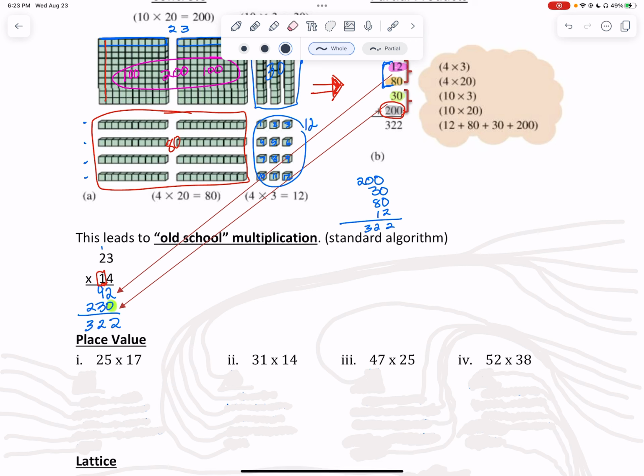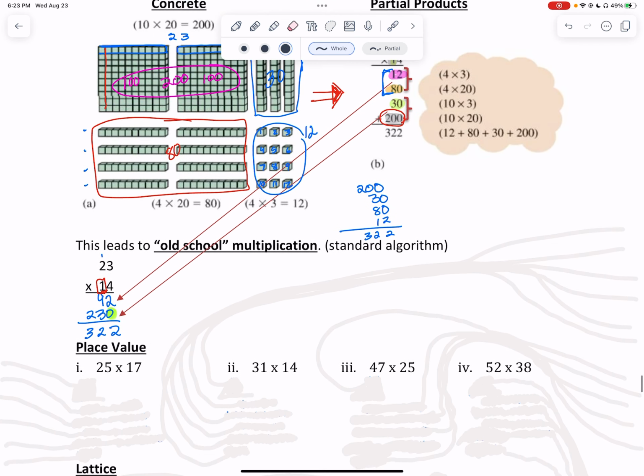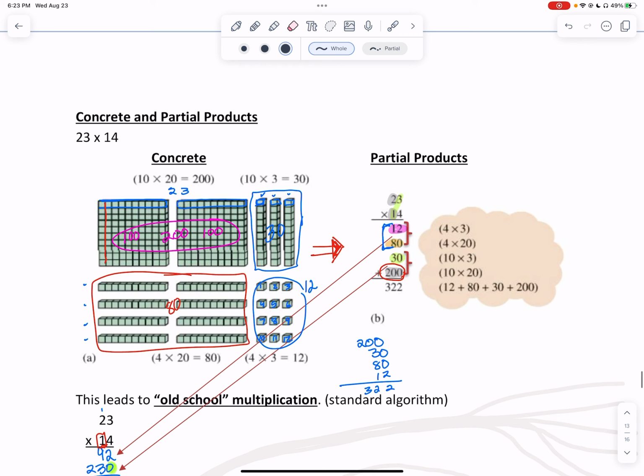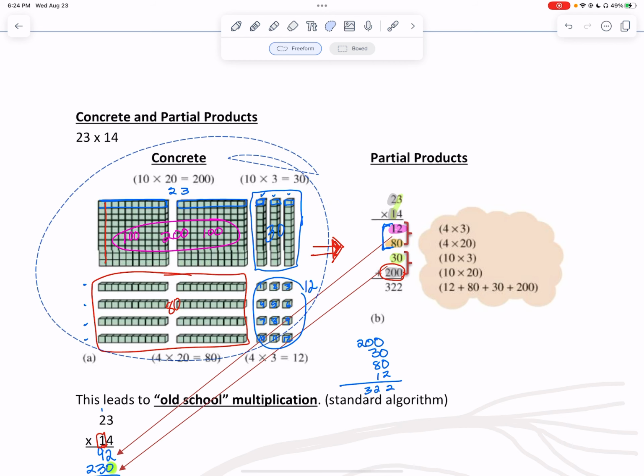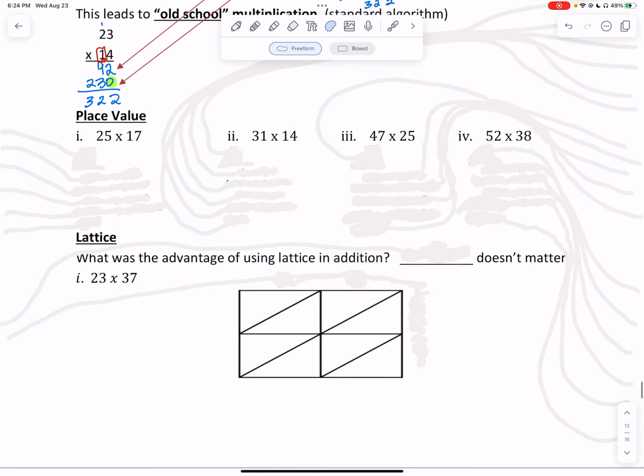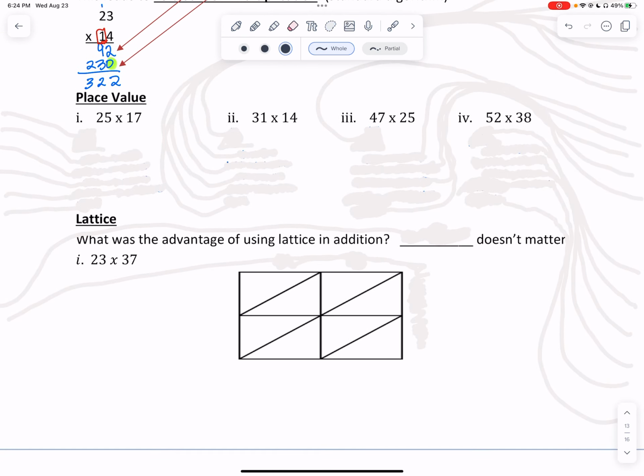Okay. So let's do some place value. Place value, again, is also sometimes called partial products, and it comes out of this concrete model that we did right there. So let's do my place value. I'm going to have 25 times 17. My first step is my 7 times my 5.